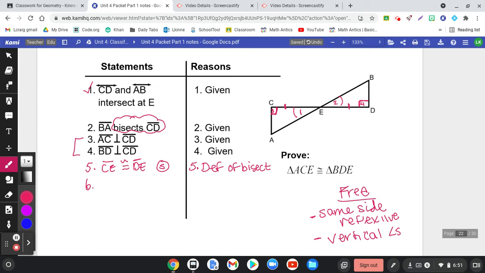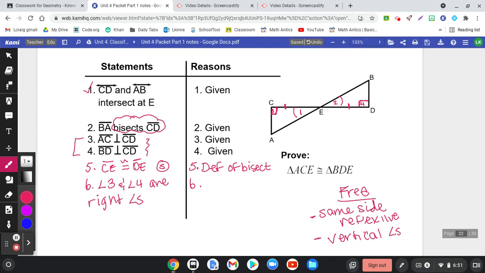So first we have to say that they are right. So angle 3 and angle 4 are right angles. I haven't said they're congruent yet. I just said they're right. How did we know that they were right? That's your reason.